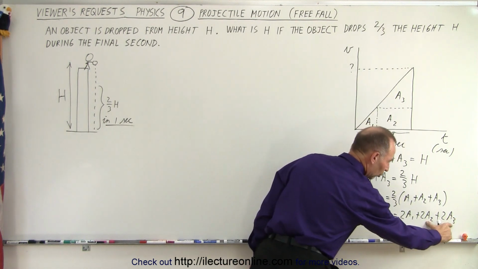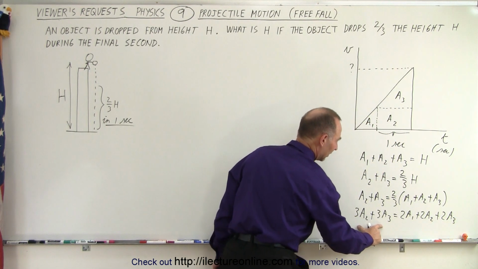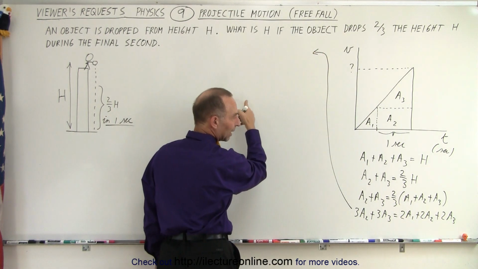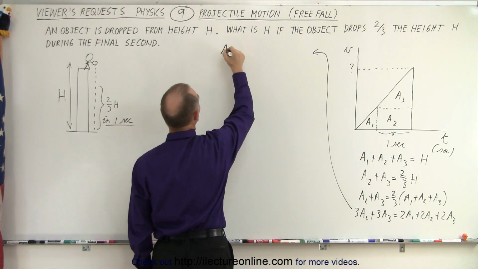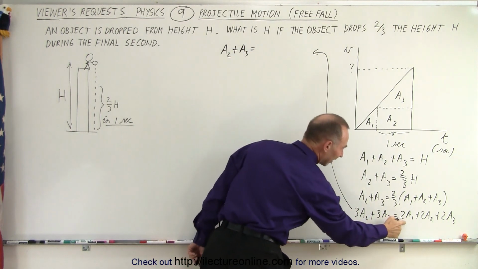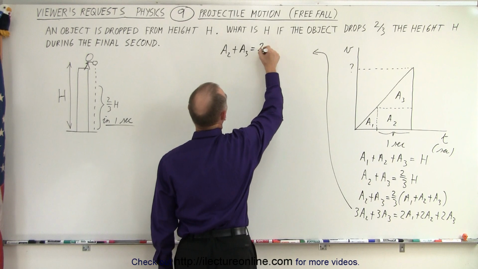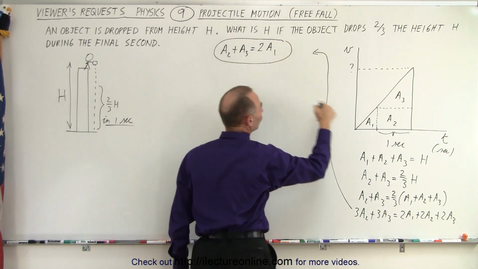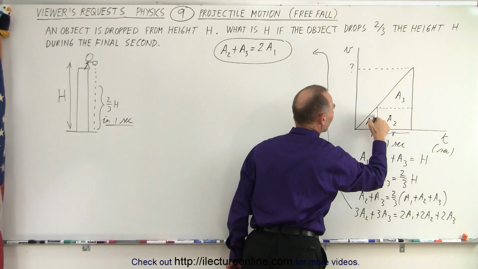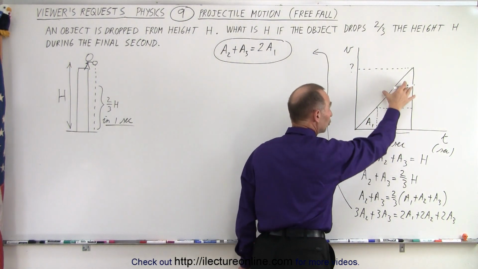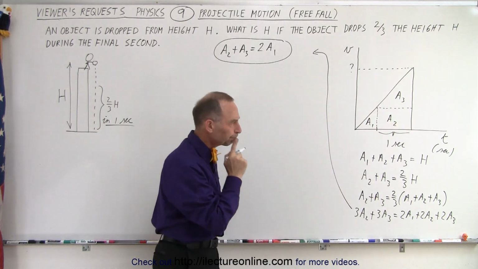Then subtracting those two from the left side, I will end up with the following. 3A2 minus 2A2 would be A2, plus A3 is equal to what's left on that side, which is 2A1. So that's the relationship. The sum of those 2 areas must be twice the area of A1 if the distance traveled in the last second is 2/3 of the total distance.